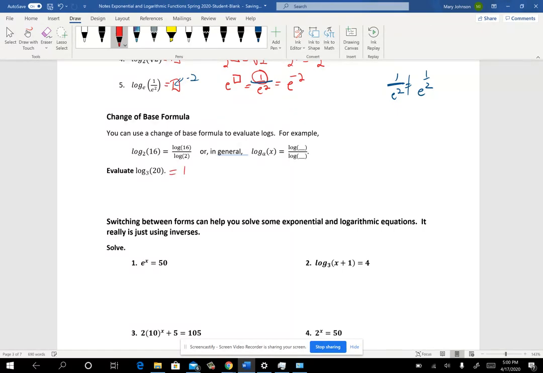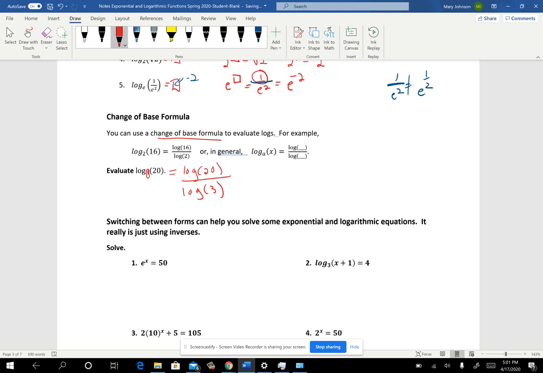So the way you're going to do it is you're going to do log of the inside, log of 20, and then divide it by the log of the base.